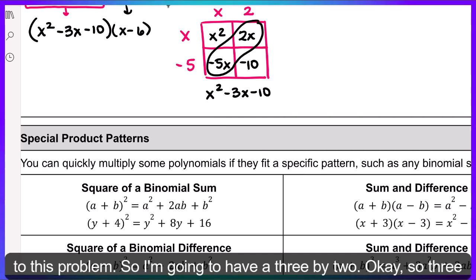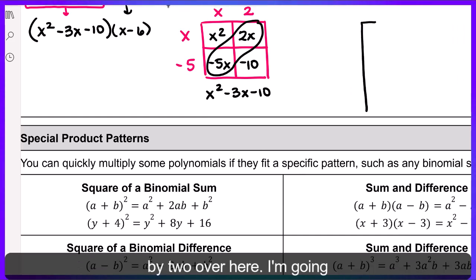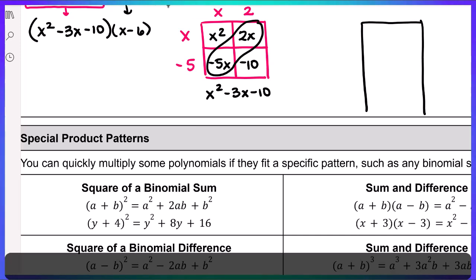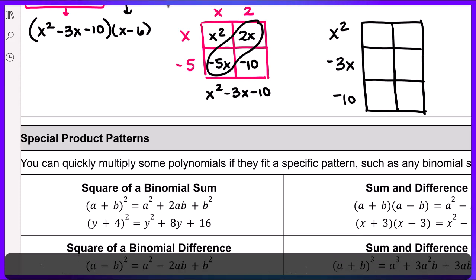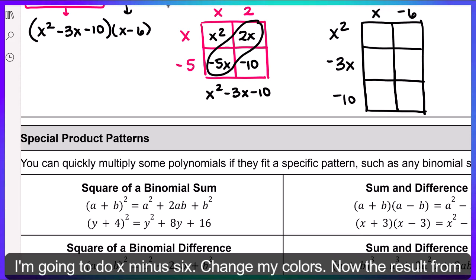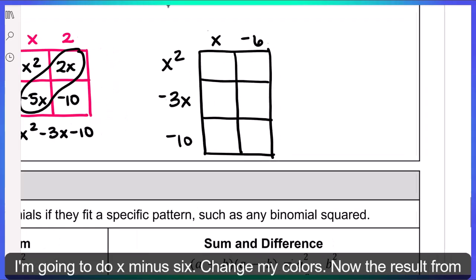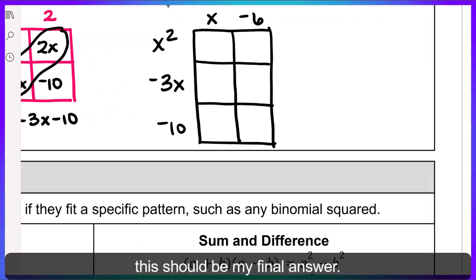So I'm going to have a 3 by 2 over here. I'm going to write x squared minus 3x minus 10. And on the top, I'm going to do x minus 6. Change my colors. Now, the result from this should be my final answer.